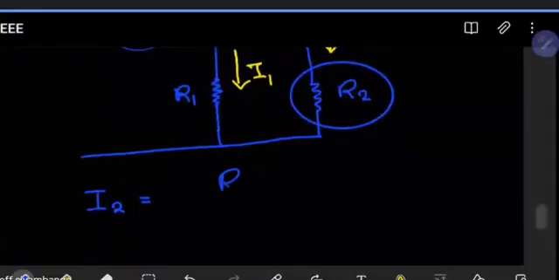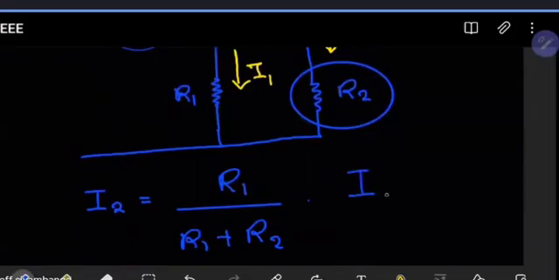Then R1 will be divided by the sum of R1 plus R2. Then this will multiply the current they are sharing, IS. This is how current division works. It's the other resistor over the sum of the resistors. So if it's the current going towards R2, it has to be like this.